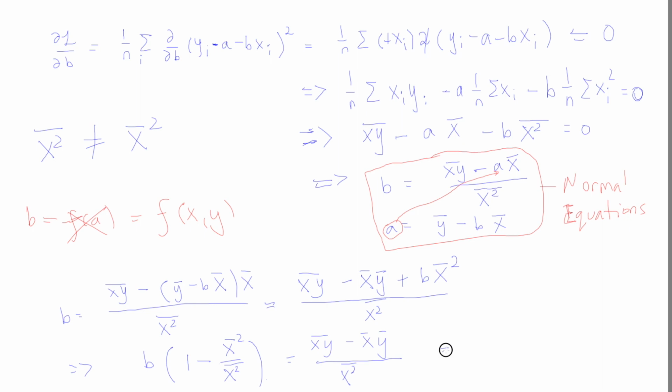And then if you solve by dividing both sides by this, and you simplify a little bit, you'll get a nice expression, which is just xy bar minus x bar y bar over x squared bar minus x bar squared.